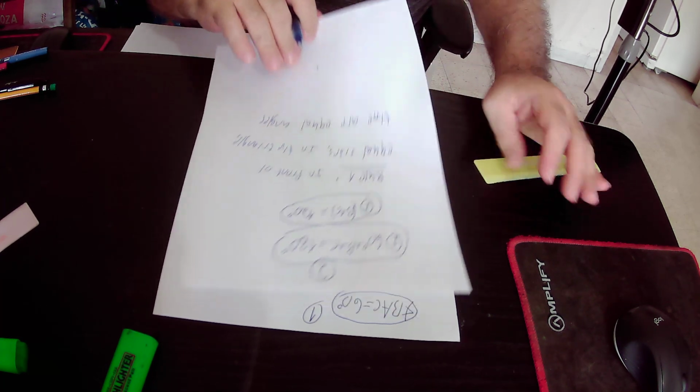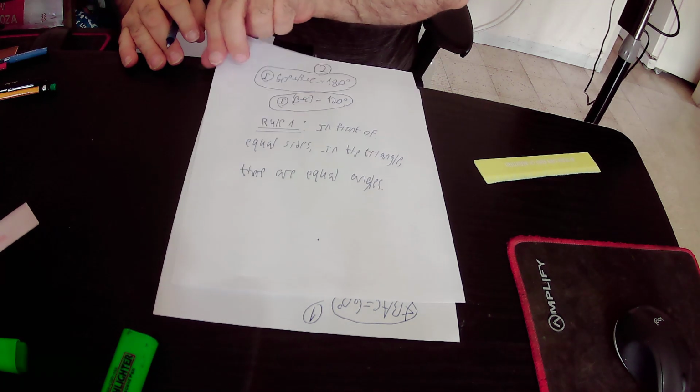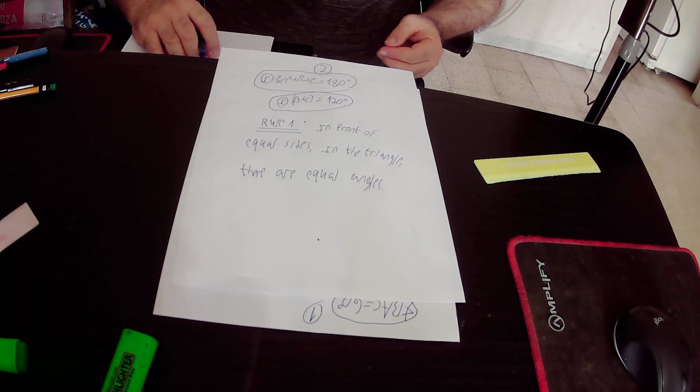So I will read rule number 1 again: in front of equal sides in the triangle there are equal angles.